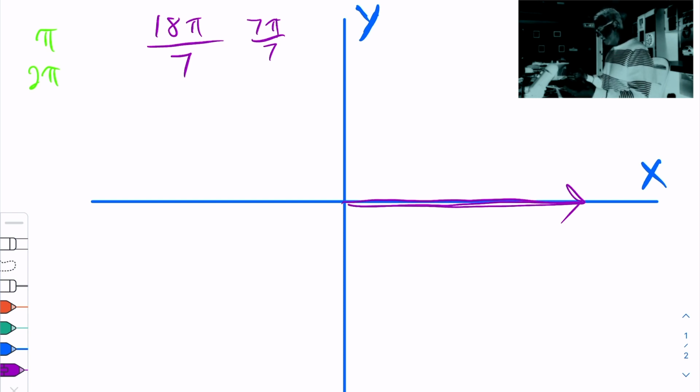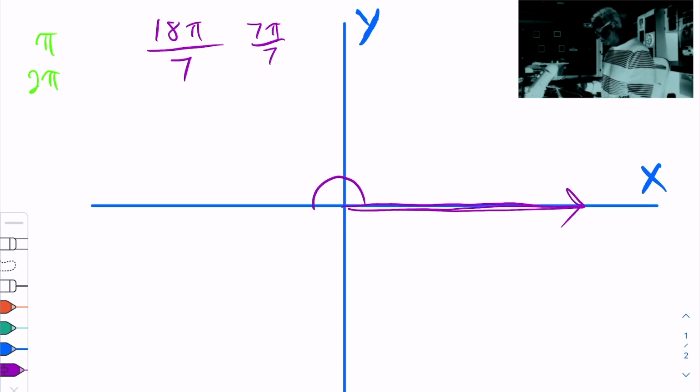Now, 18 pi over 7: 7 pi over 7 is half a rotation. So there's 7 pi over 7, which means that 14 pi over 7 would be a full rotation. If 7 pi over 7 is half a rotation, then 7 pi over 7 and another 7 pi over 7, half a rotation again, would get me 21 pi over 7.